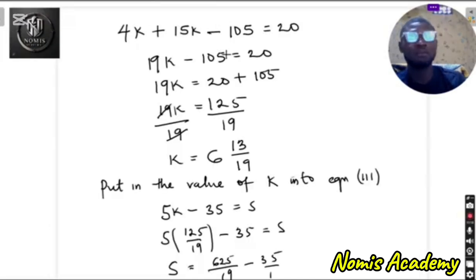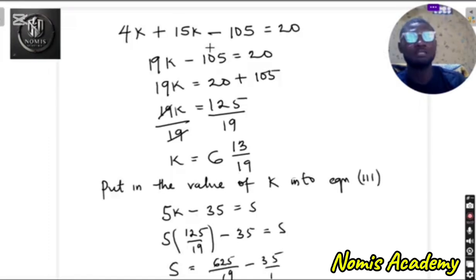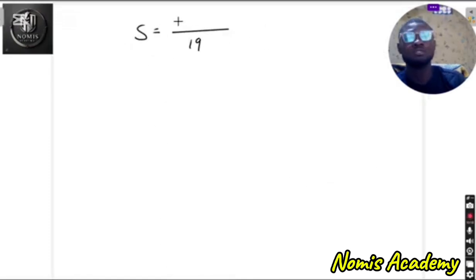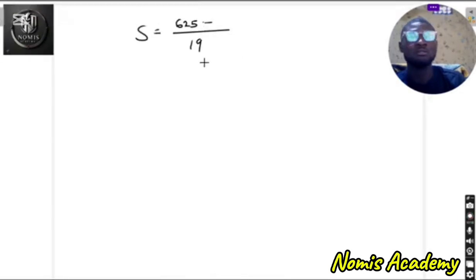So s is equal to, find the LCM of the denominators, which is 19. So 19 divided by 19 is 1, 1 multiplied by 625 remains the same, 625. Then we have a minus. 19 divided by 1 is 19, and then 19 multiplied by 35.